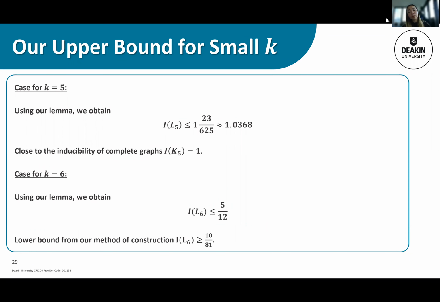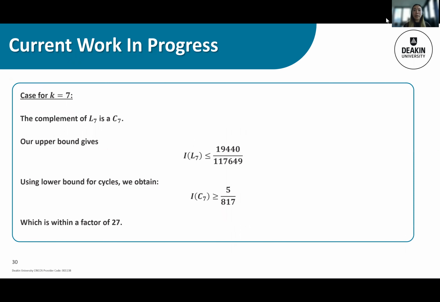Using our method of construction, we obtain a lower bound of 10/81, which gives us a factor of approximately 3. And lastly, the current work in progress is we're looking at the case for k equals 7. Recall from the previous slides that the inducibility of a graph and its complement are the same.